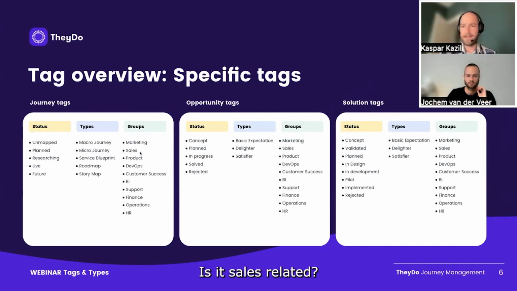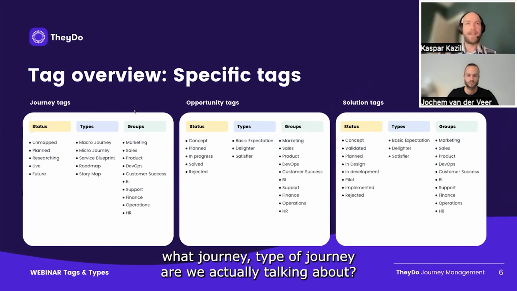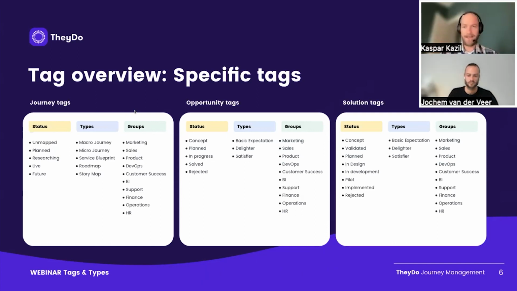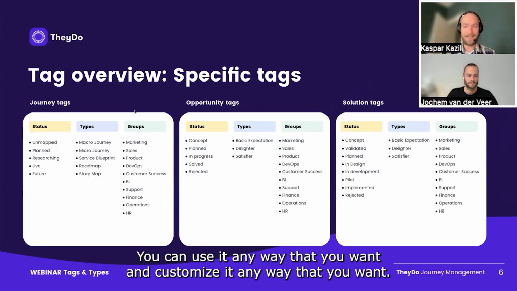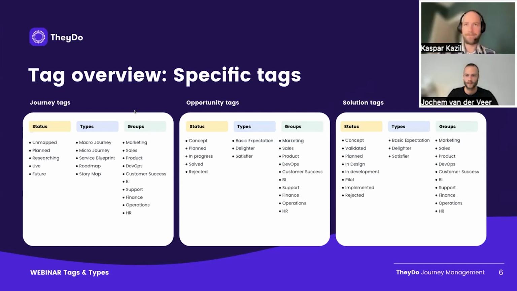Is it marketing? Is it sales related? Is it DevOps related, etc.? All those things help to specify what type of journey we're talking about. And of course, you can customize all of this. This is just a recommendation. You can use it any way you want, but it gives you a good starting point.